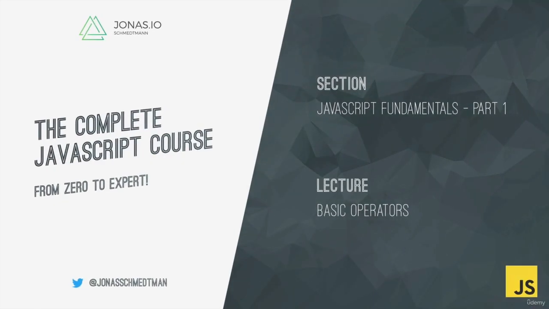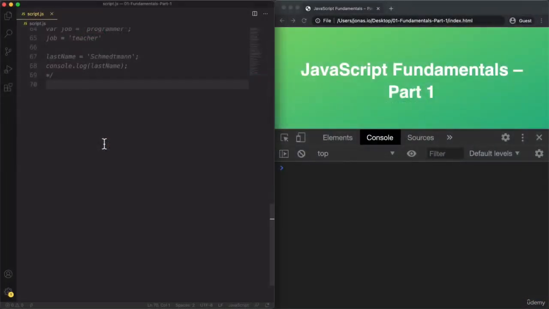Let's now learn some more JavaScript fundamentals. And in this video in particular, let's learn about some basic operators. And let's start by defining what an operator actually is. So an operator basically allows us to transform values or combine multiple values and really do all kind of work with values.